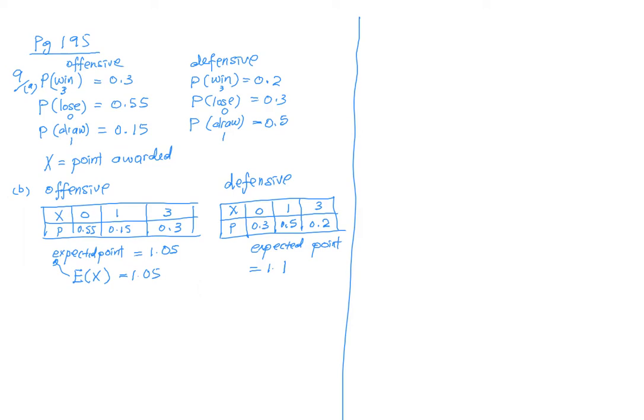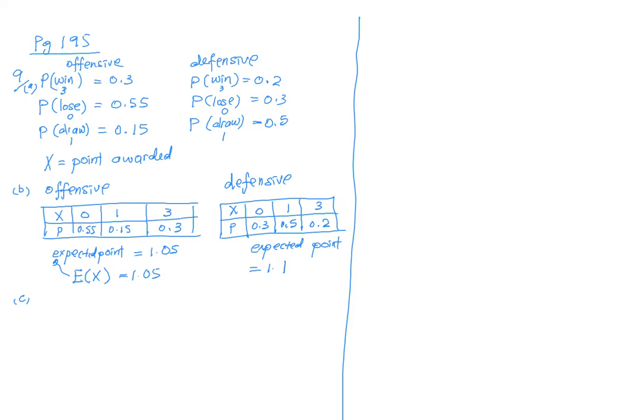Why? In the long run, that means for most of the games, you are looking at the expected value. Is it better for the team to play offensive or defensive strategy?